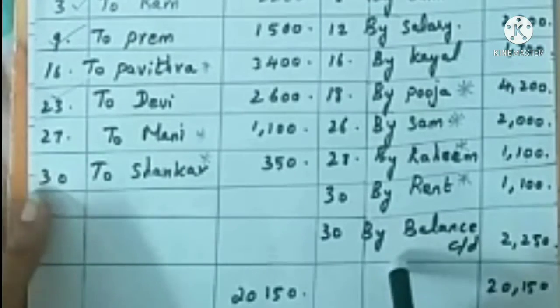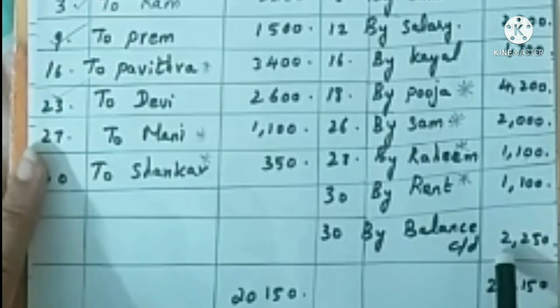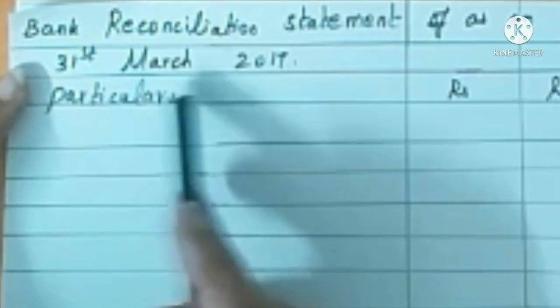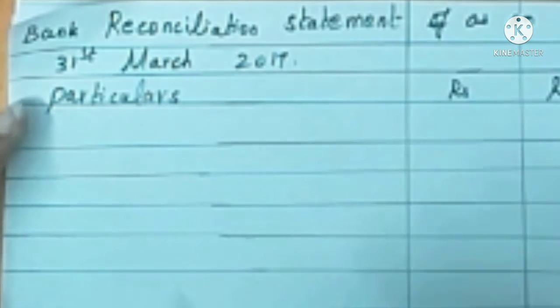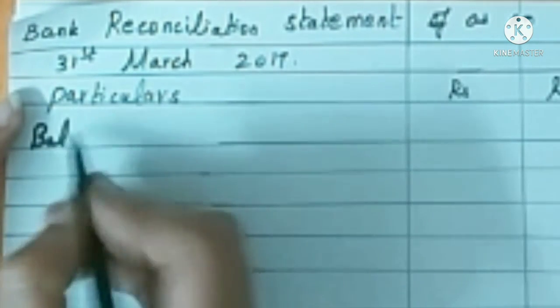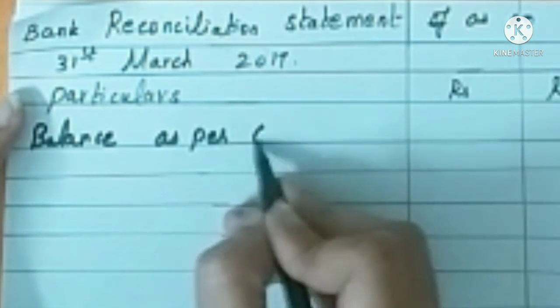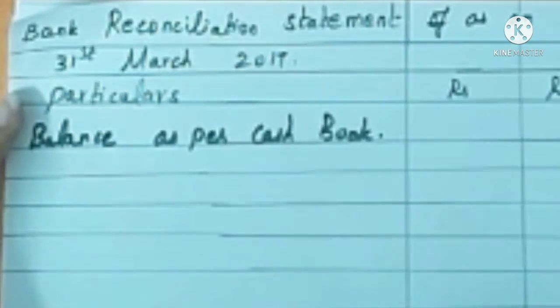Now see in the cash book, balance as per cash book is rupees 2250. Bank reconciliation statement as on 31st March 2017. Particulars, rupees. Now I am going to write balance as per cash book, rupees 2250.